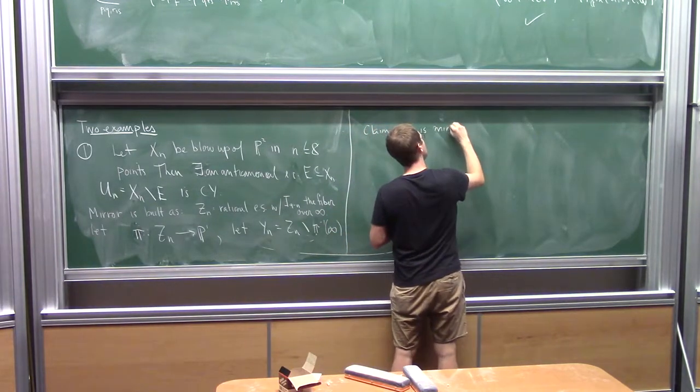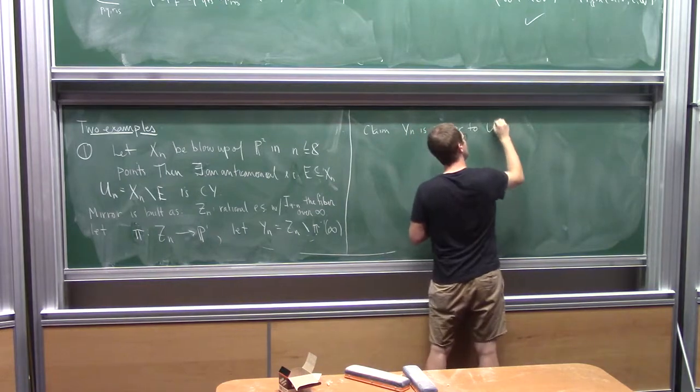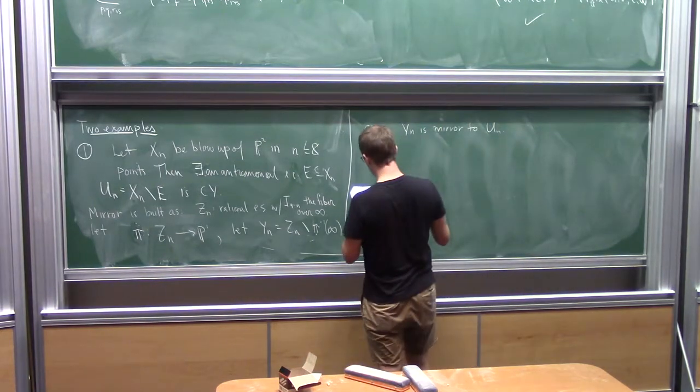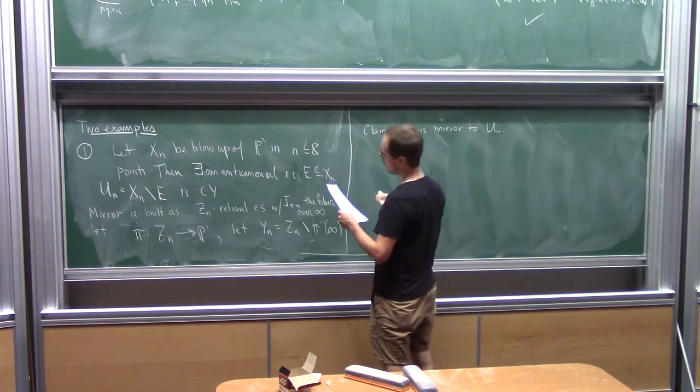Given these two varieties, the claim is that Y_n is mirror to U_n. You can check that these H polynomials have sort of the right shape.